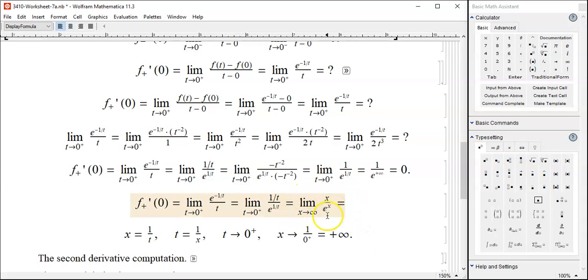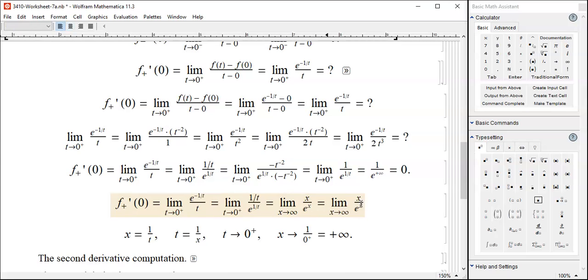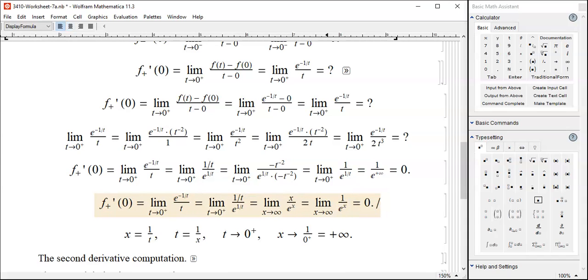And this final expression over here is a benign computation. All you have to do is apply L'Hopital's rule right away, and then you're going to get 1 over e to the x, and then that's 0, isn't it? 1 over infinity, so we have 0.